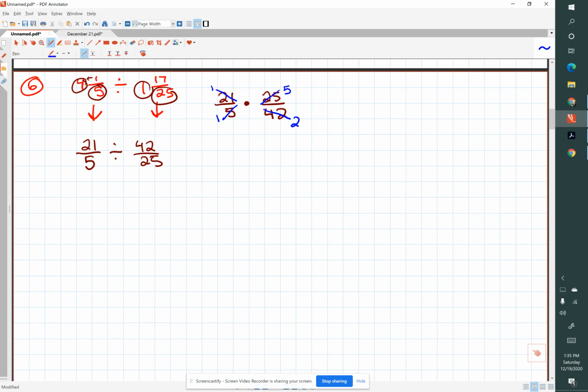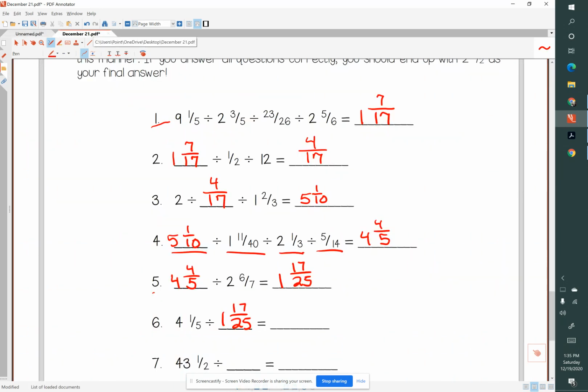There are two groups of 21 in 42. So when we multiply across, our final answer is 5 over 2. And let's divide 5 by 2. 2 times 2 is 4. And we have 1/2 left over. And that's our final answer, 2 1/2.